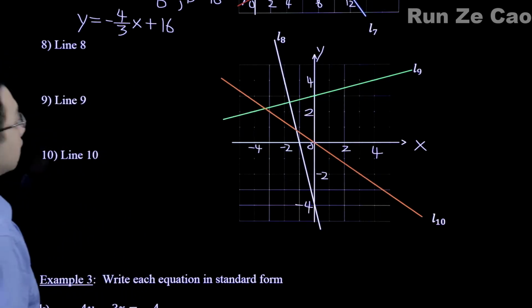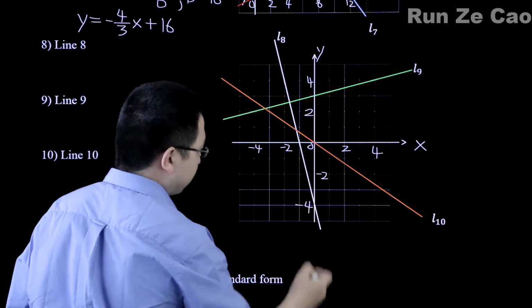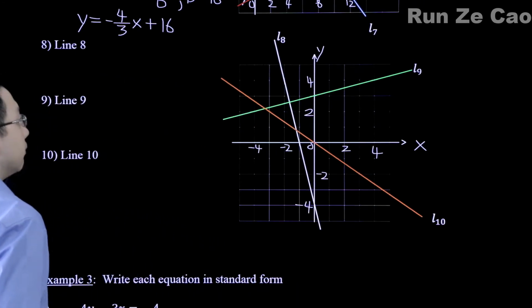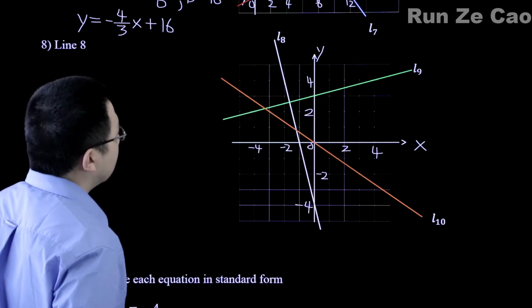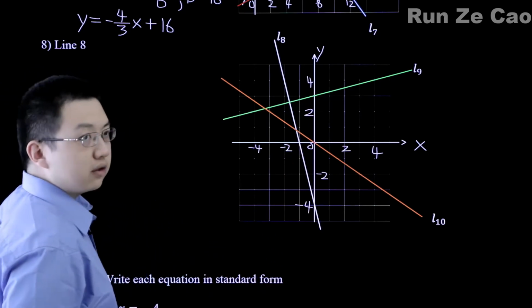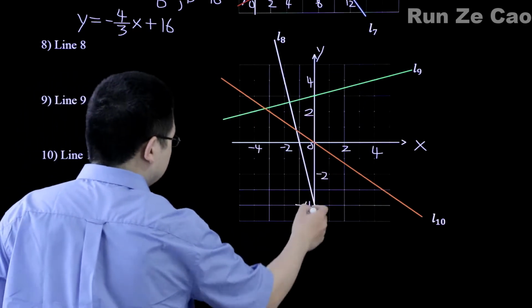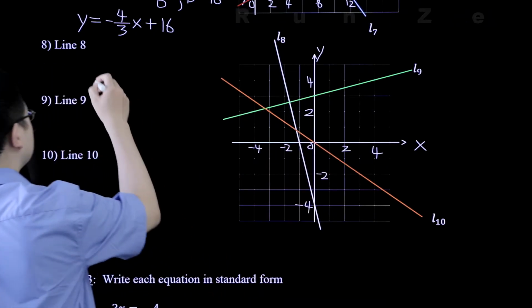So line 8. Well, we can pretty clearly see that it crosses the y-axis at -4. And here, it goes down 4 grids for every grid it goes across. So in this case, because the scales are the same, that's -4 over 1.